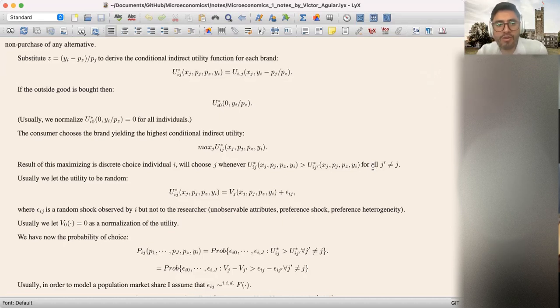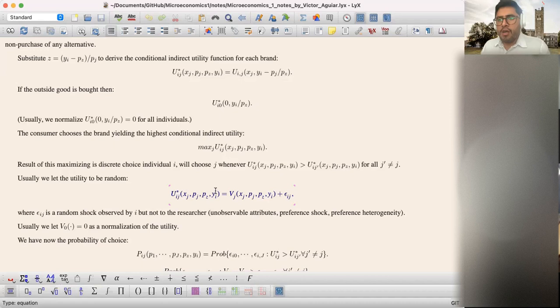A practical guy will do the following. Let's say, maybe in this population, everyone's utility is given by a component that is common across all individuals. That means a fixed utility V that only depends on J, that is, on the alternative.